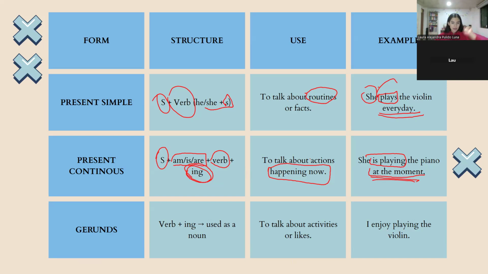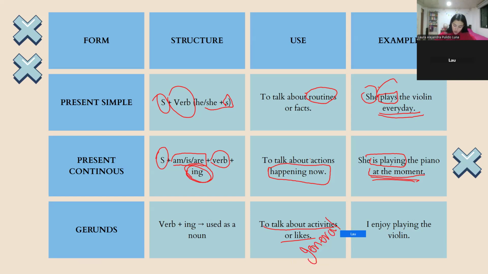And now we have the gerunds. So the gerunds are to talk about activities, to describe an activity, to talk about an activity in general, okay? Not to be specific about the activity. So we are going to talk about activities or likes, but in general, okay?